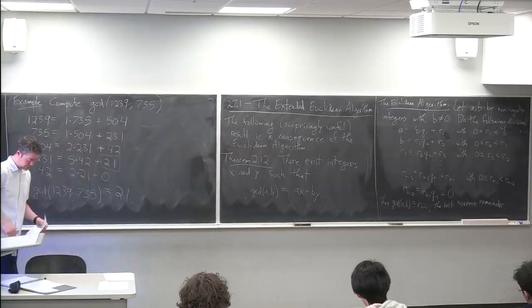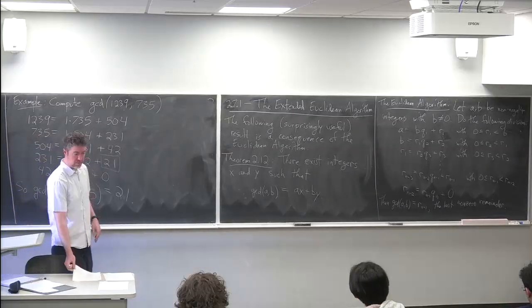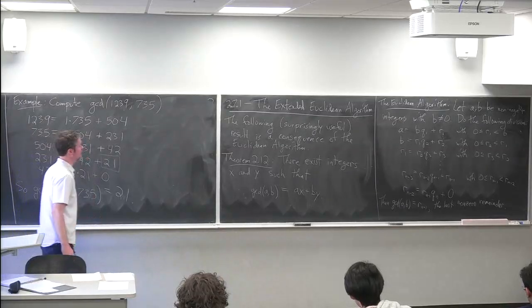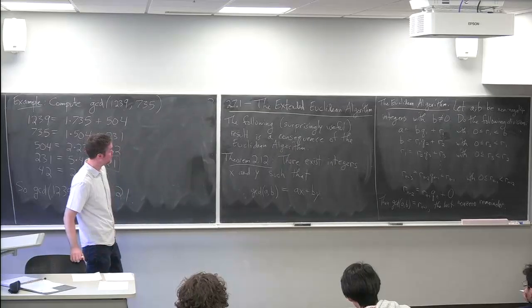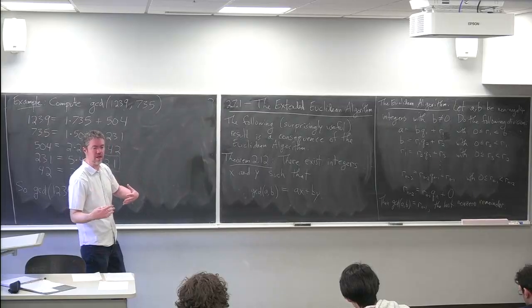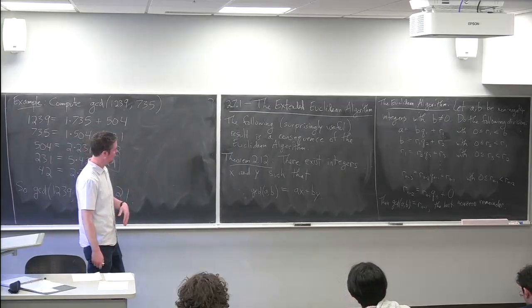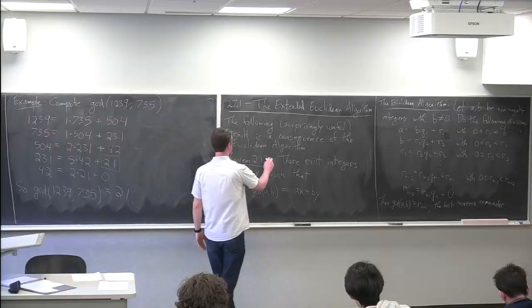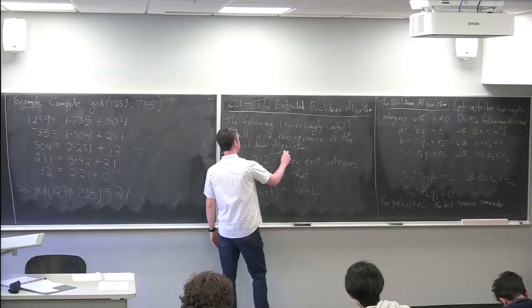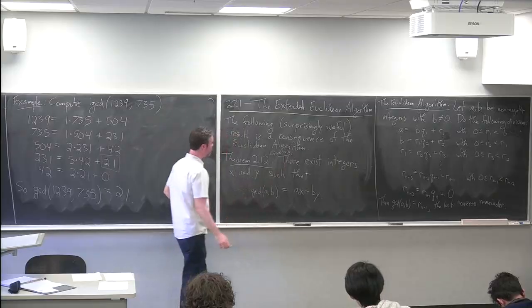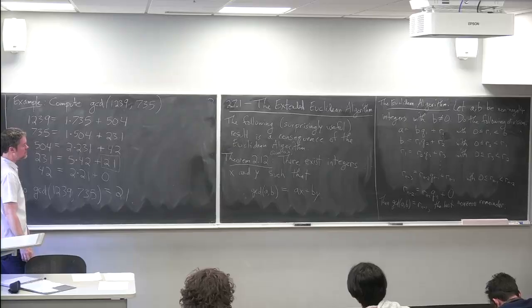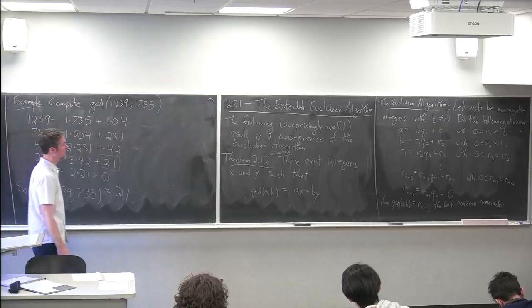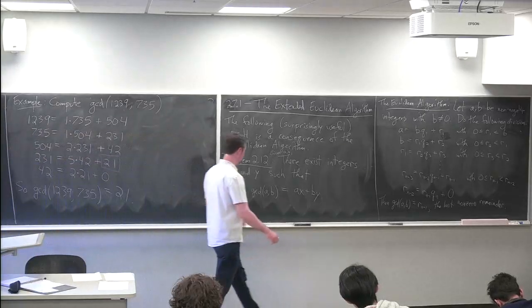Anyway, I should have been a little more precise in stating it. Given a pair of integers A and B, you can find integers x and y such that AX plus BY is equal to the GCD of A and B.